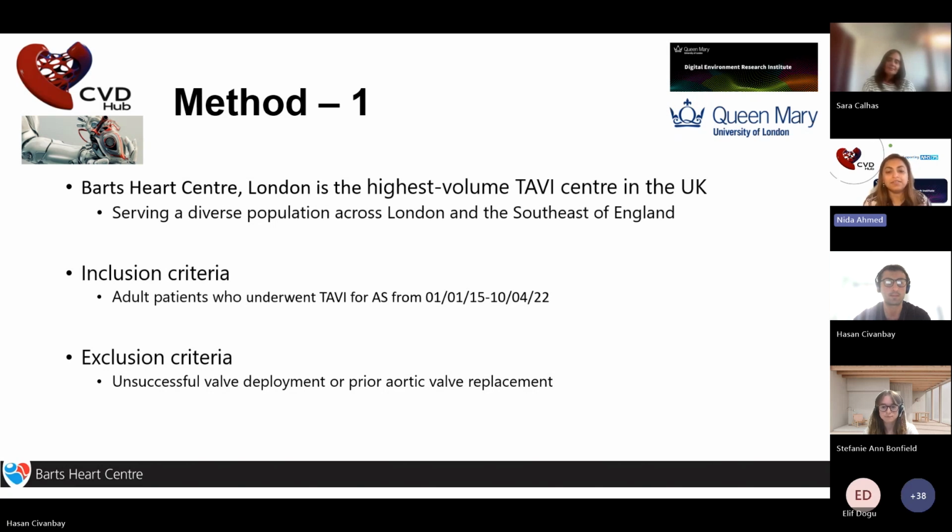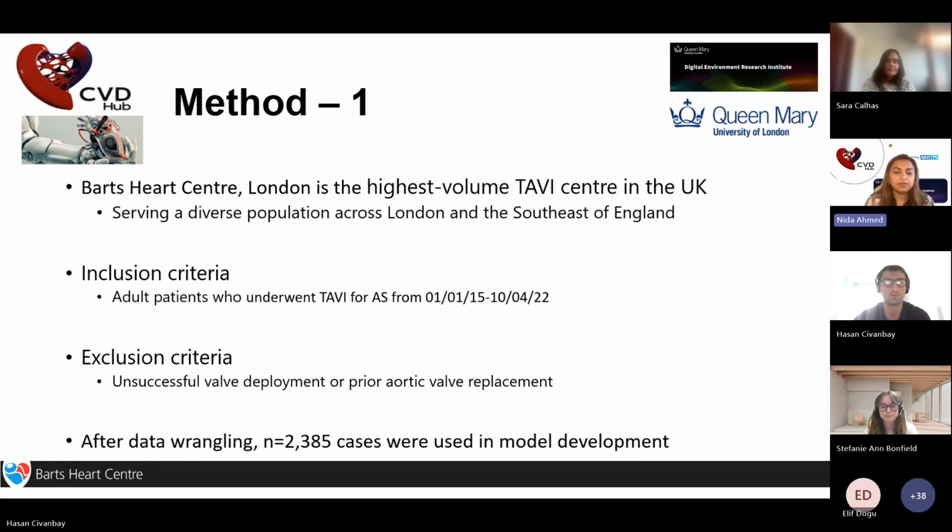They have already got a different risk profile because they've already got something artificial in the site where we're going to put something else artificial. That's why we excluded those cases. Next, please. And after data wrangling, we had about 2,385 cases that we were able to use for model deployment. Next, please.